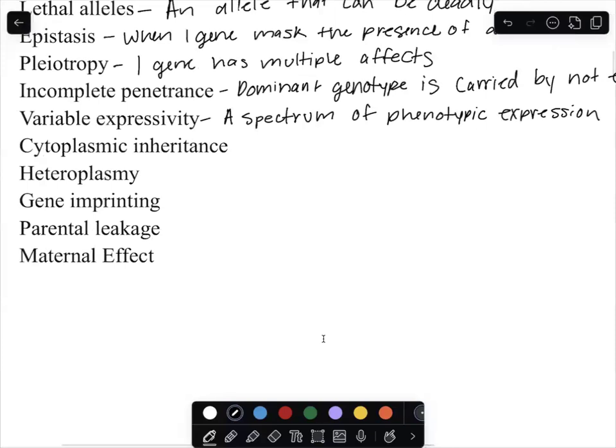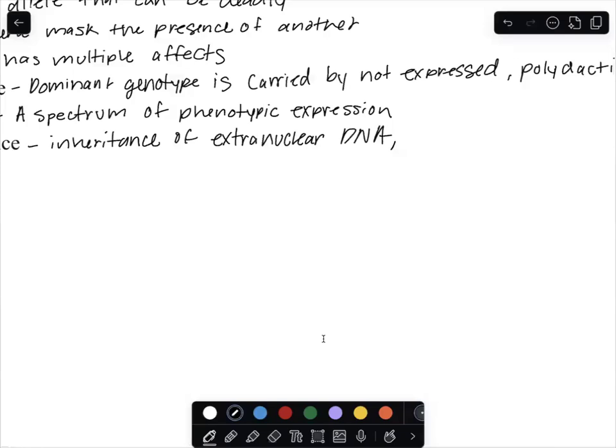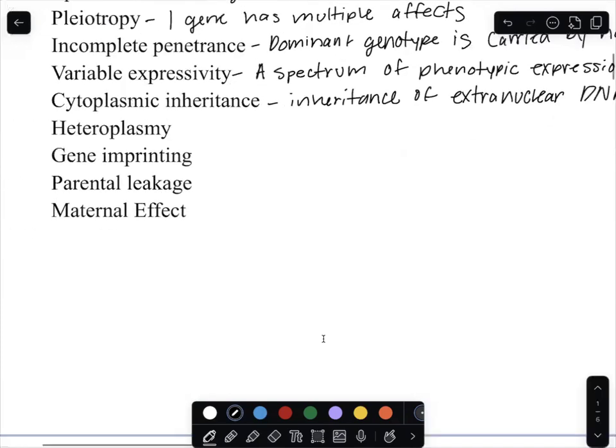Okay, cytoplasmic inheritance would be the inheritance of extranuclear genes. So this would be mitochondria or chloroplast in plants.